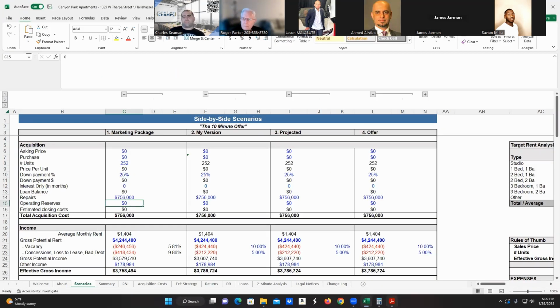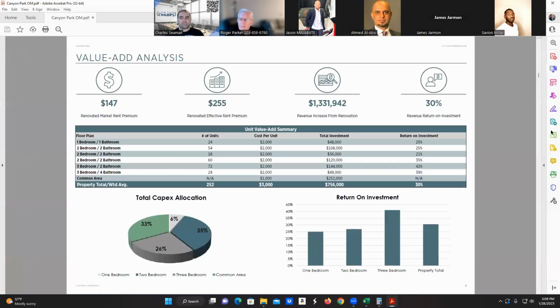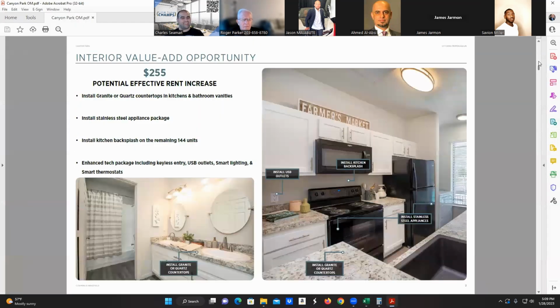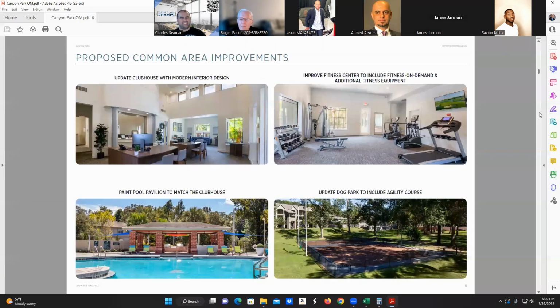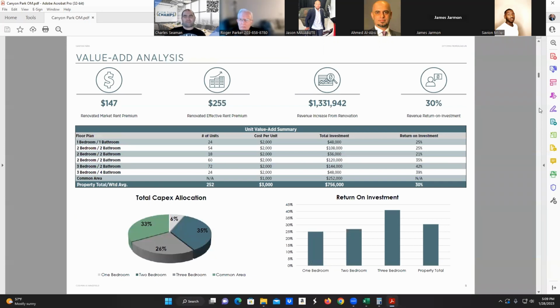Sure. So, to both Roger and Jason's points, you always want to have some CapEx money in there, because every property is always going to have things wrong with it. And sometimes you may not be able to see what's wrong in the pictures in the OM. Usually the pictures are designed to showcase the best aspects of the property, so you may not see everything that's wrong.